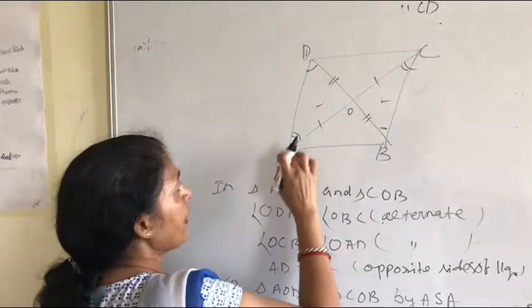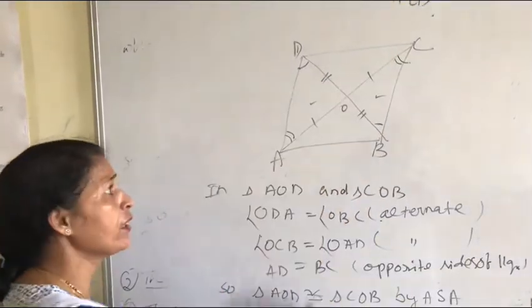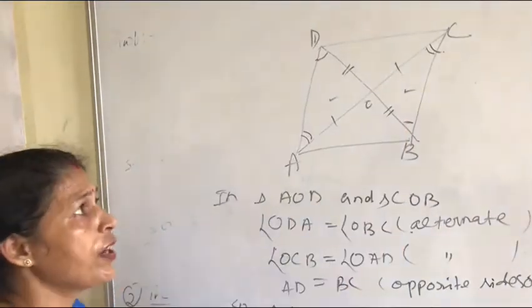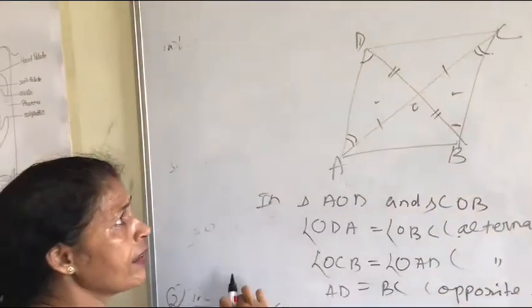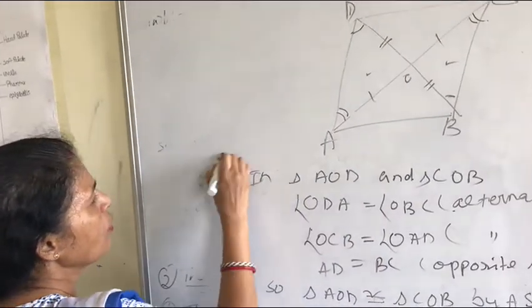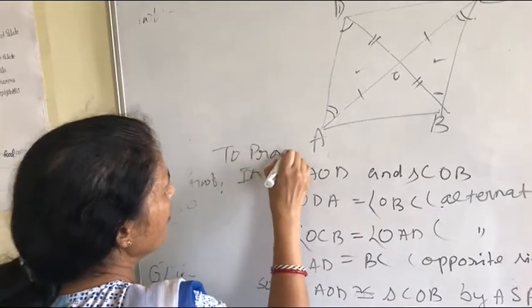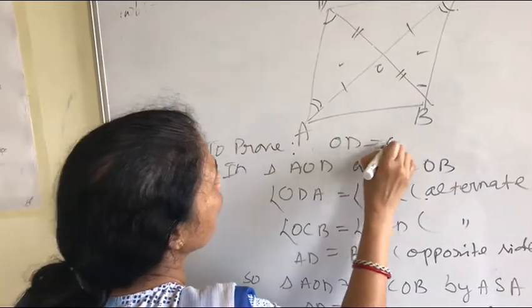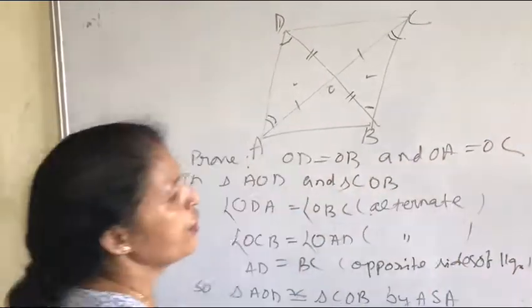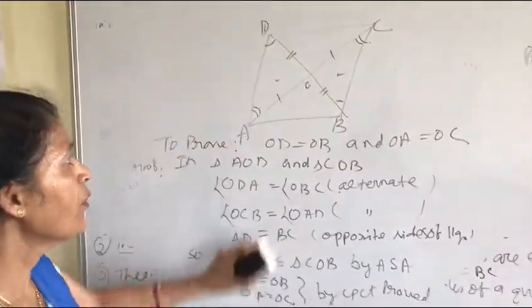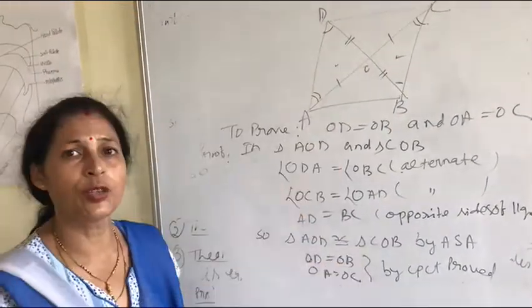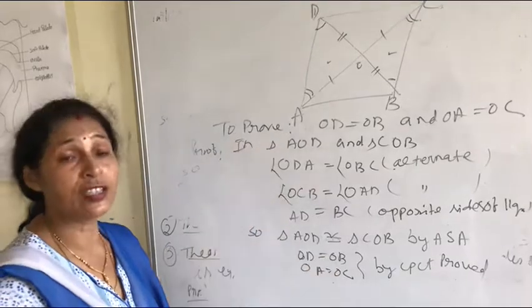So in parallelogram ABCD it is given, in triangles AOD and COB, first you prove these two triangles congruent, then you have to prove OD is equal to OB and OA is equal to OC. ये हमको प्रूव करना है, so first you prove this congruence, after that by CPCT you can prove the sides, sorry, the diagonals bisect.